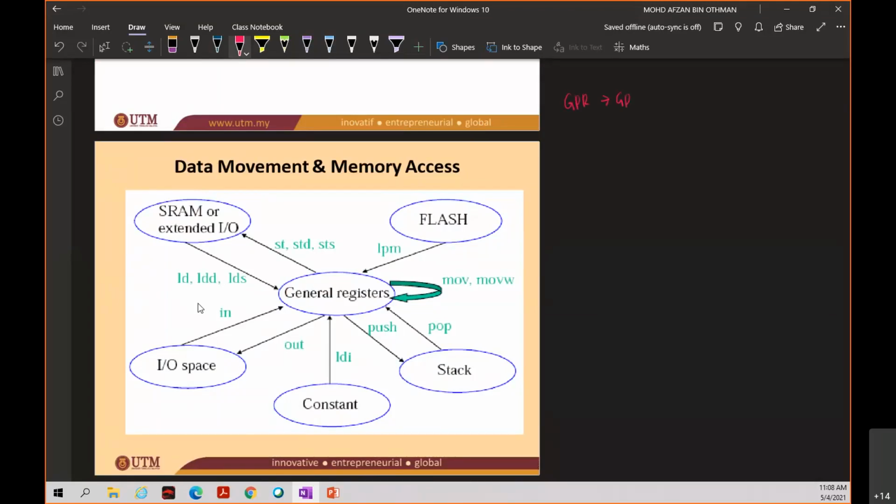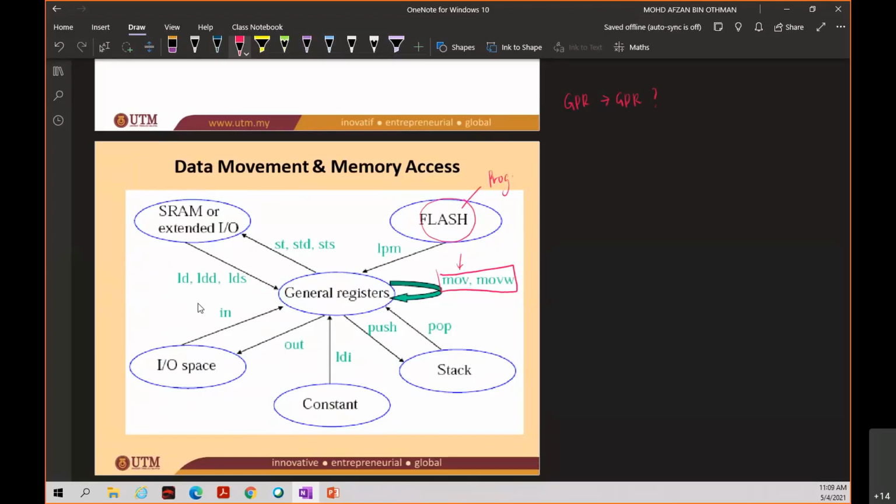To move data from GPR to GPR, you can use the instructions MOV and MOVW. MOV moves, or copies, a data from one GPR to another GPR. Then we have to load data from your program memory, which is your flash.